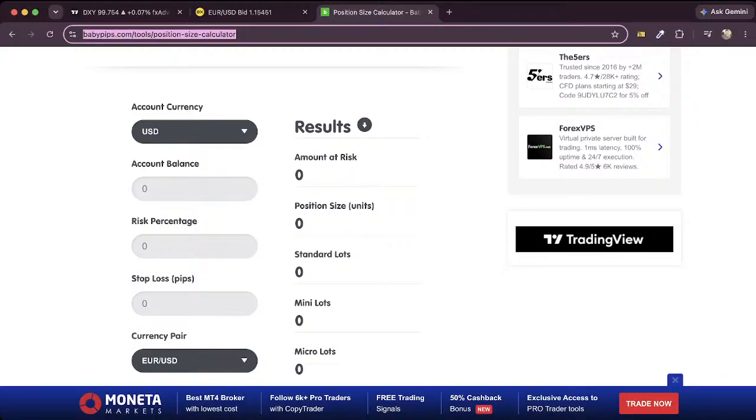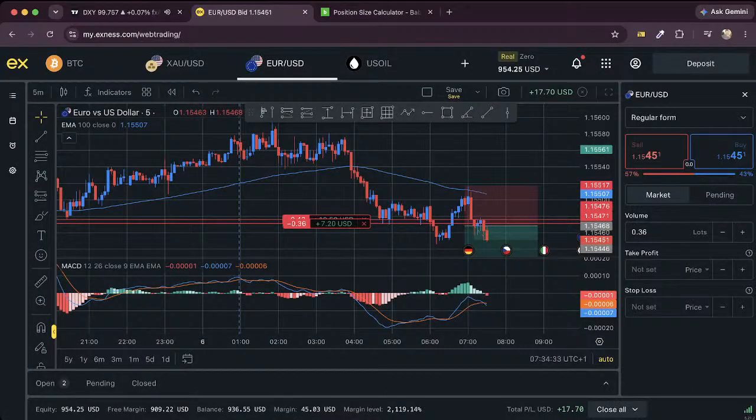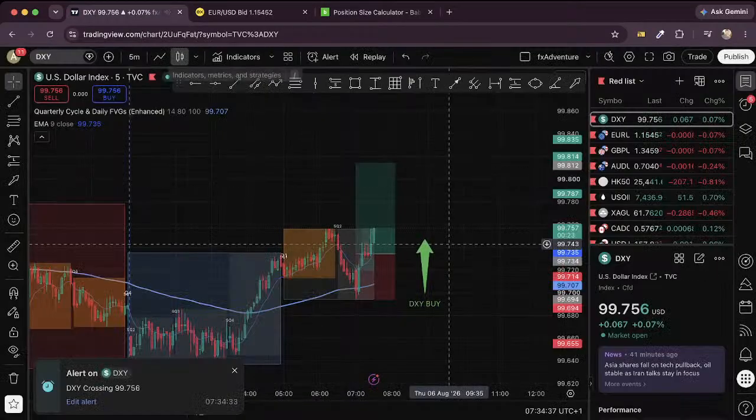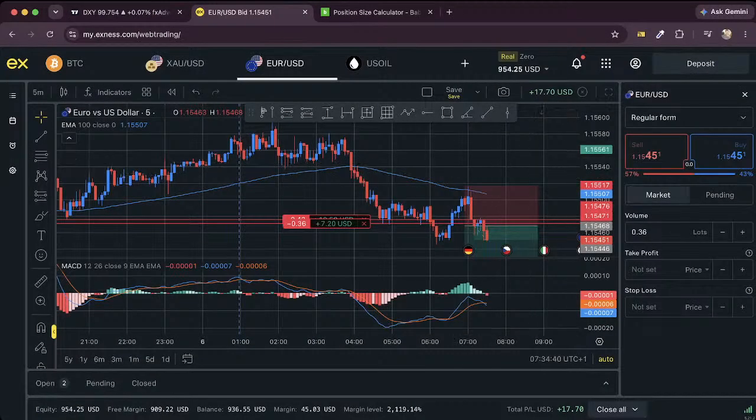So if you come now, go to account balance. If you put 60 as your account balance, and you want to risk 4% of it, you need to know your stop loss size. According to my strategy, that is how the stop loss is represented.